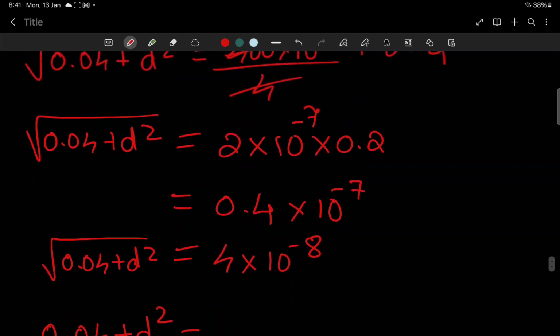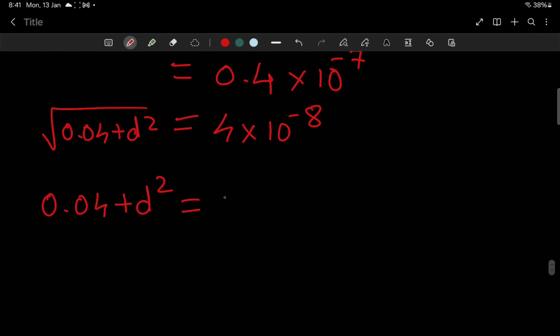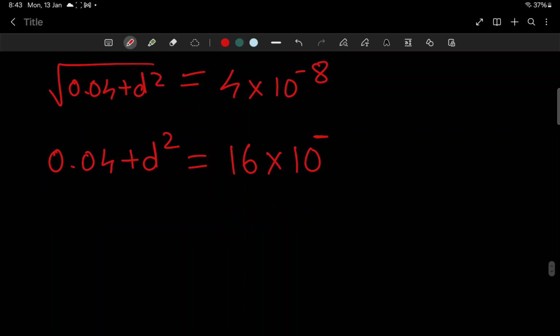One second. Yeah. 16 into 10 raised to minus 16. Sorry, I took a small break. Okay, where did we come? Yeah. 10 raised to minus 16, I think.